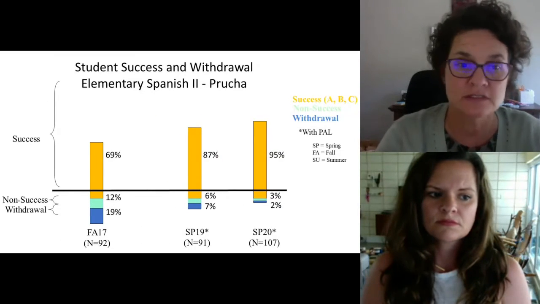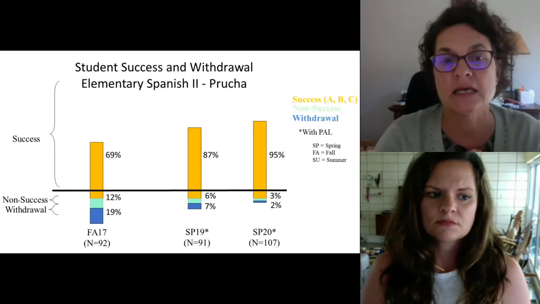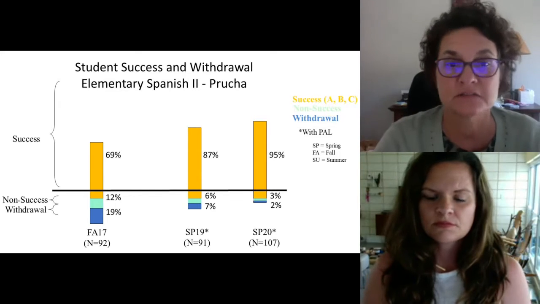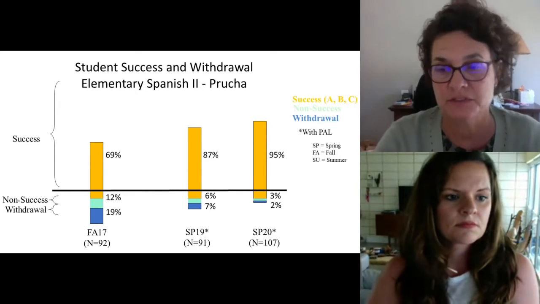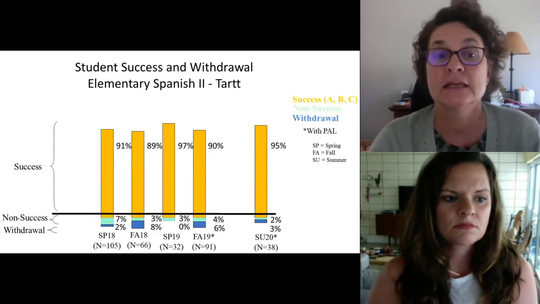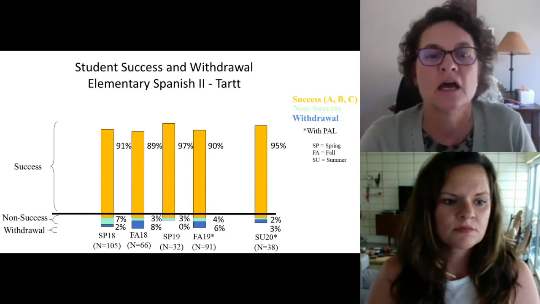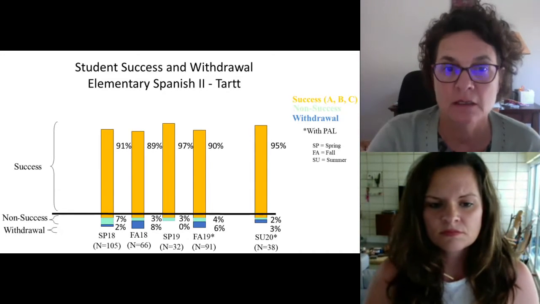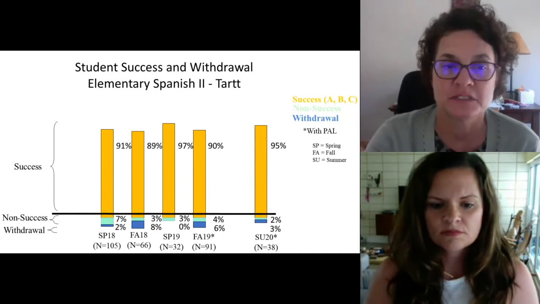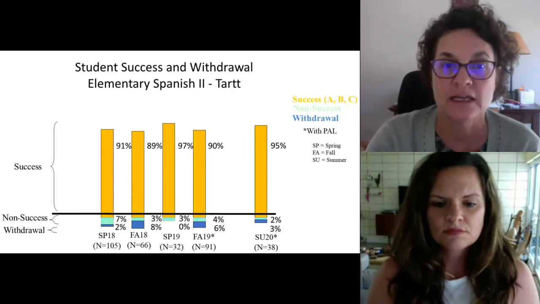Spanish 2 courses, in my course in spring 19 and 20 versus fall 17, our success rates were up 87 and 95% versus 69%. And in Kacie's Spanish 2 courses, in fall 19 and summer 20, they were 90 and 95% versus 91, 89, and 97.